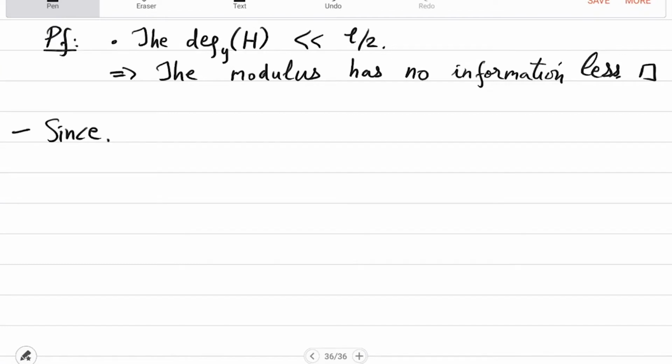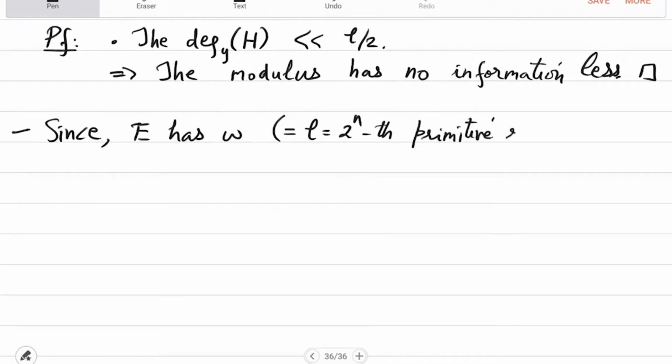Note that E has omega, so you can do the 3-step DFT multiplication. You can do the FFT. So since E has omega, which is the 2 raised to nth, or L-th, primitive root of unity, FFT is allowed.